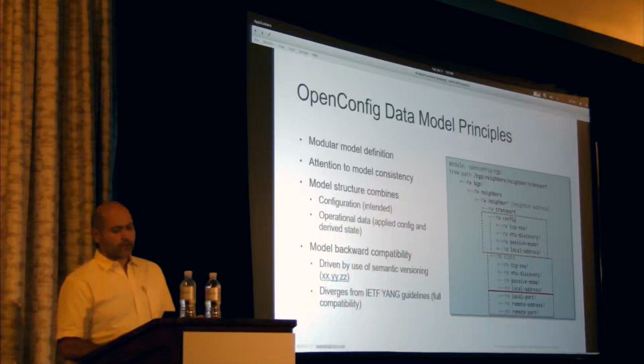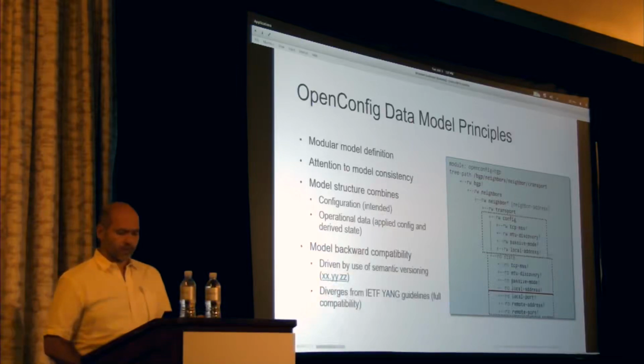We see the pattern that the configuration data is repeated under the state. The portion that appears under the state is actually the applied, or what is considered to be the effective, configuration running on the device. And we see here three more leaves underneath that would constitute derived state for BGP neighbor transport.